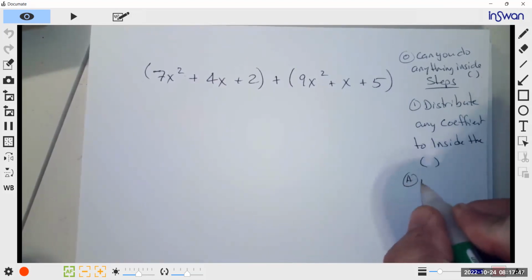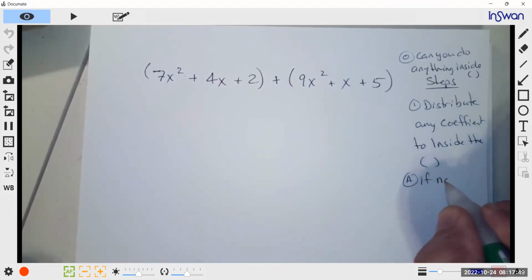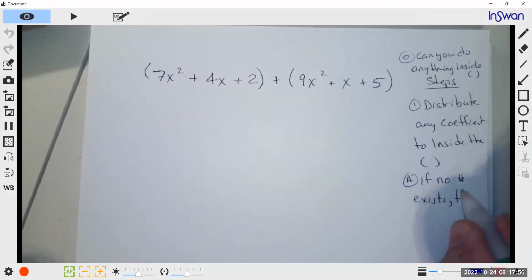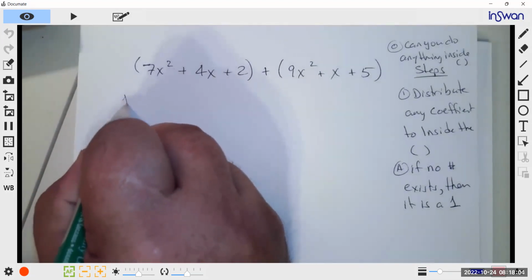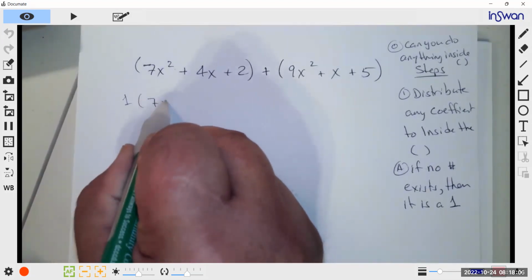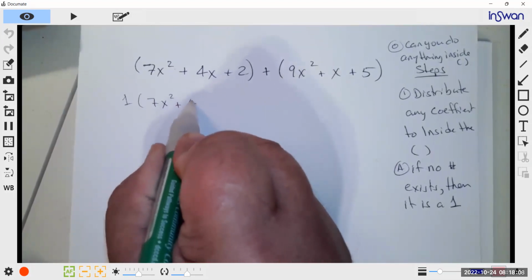Remember, if no number exists, then it is a 1. So both of these have a 1 in front of them.